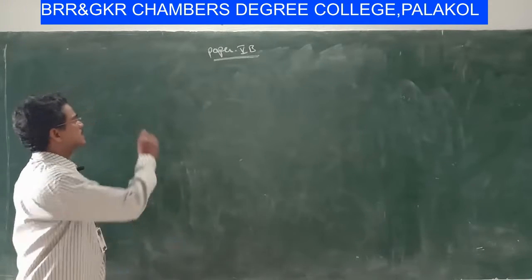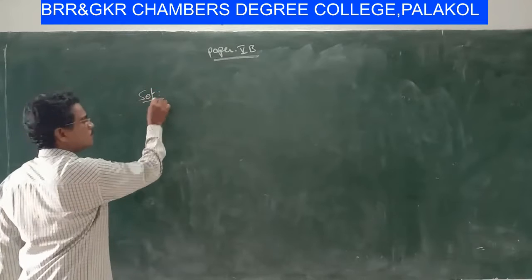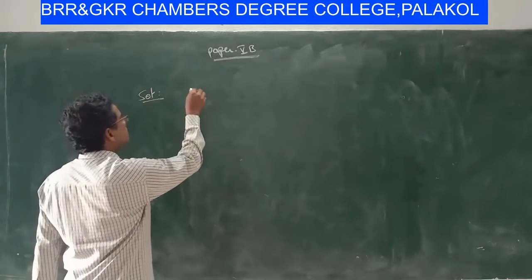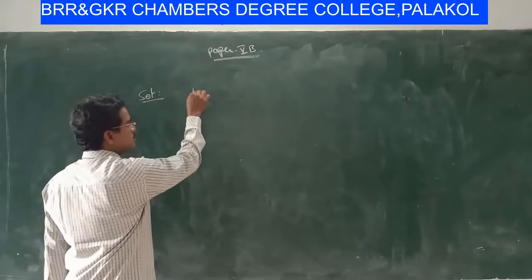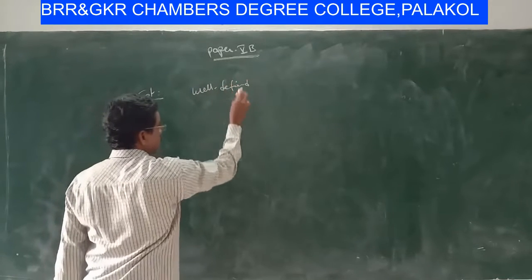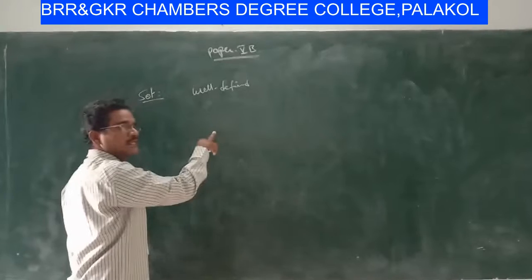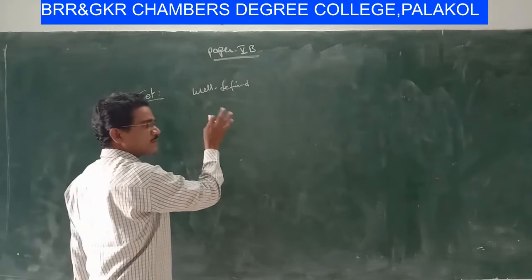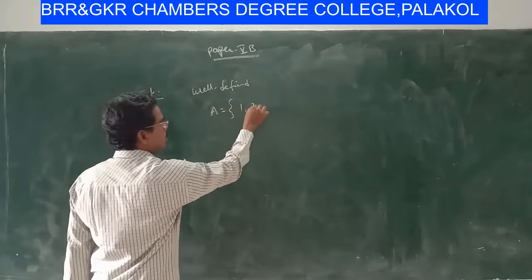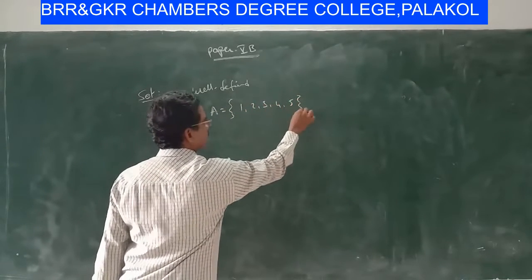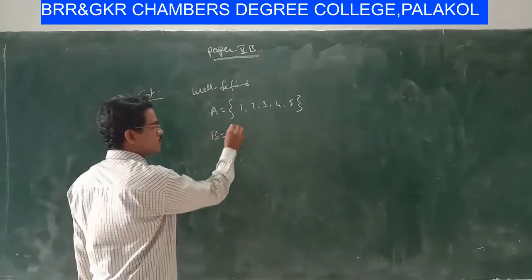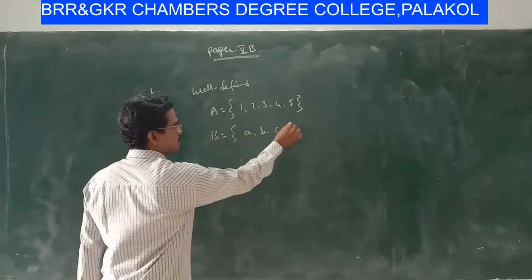Already we know what a set is. So what is a set? A set means a collection of well-defined elements. What are well-defined elements? Suppose set A is equal to {1, 2, 3, 4, 5}. This is a set. Suppose B is equal to {a, b, c, d}.